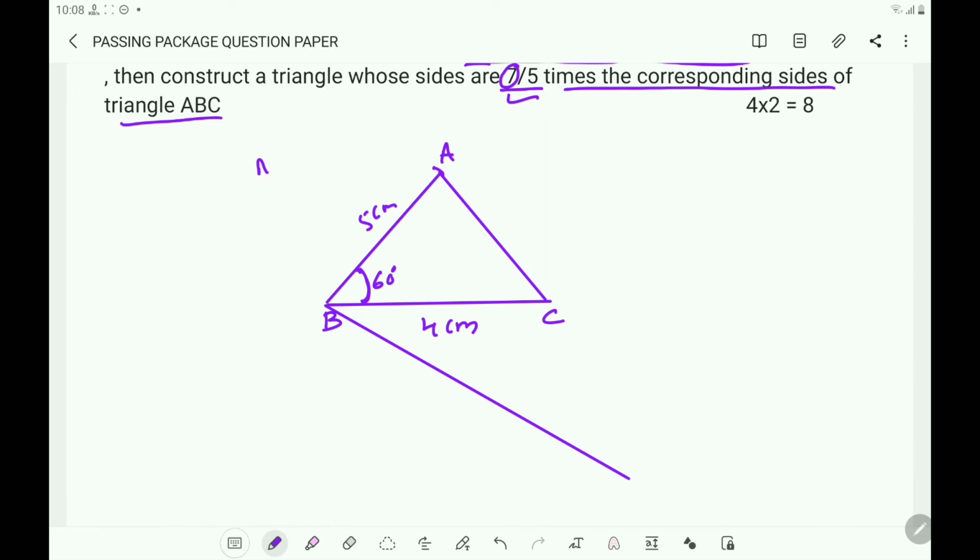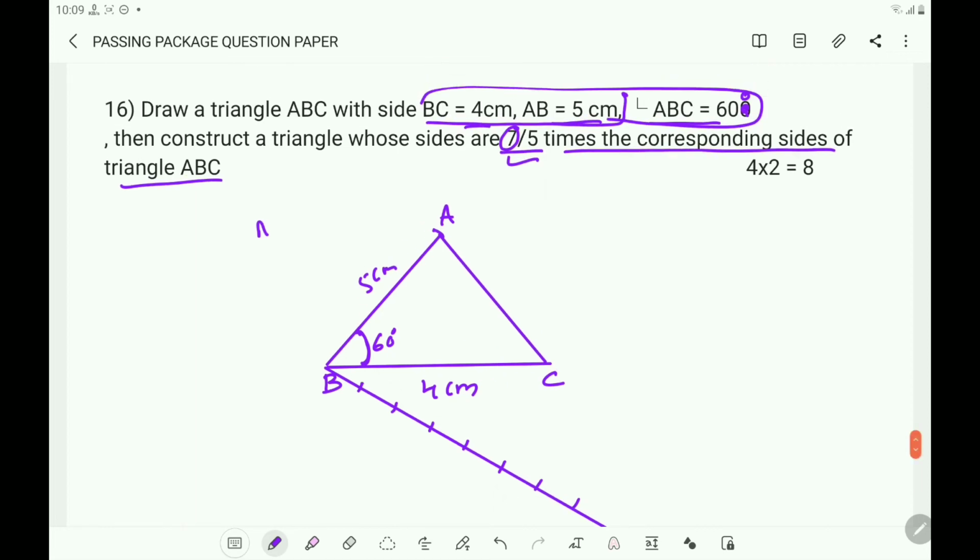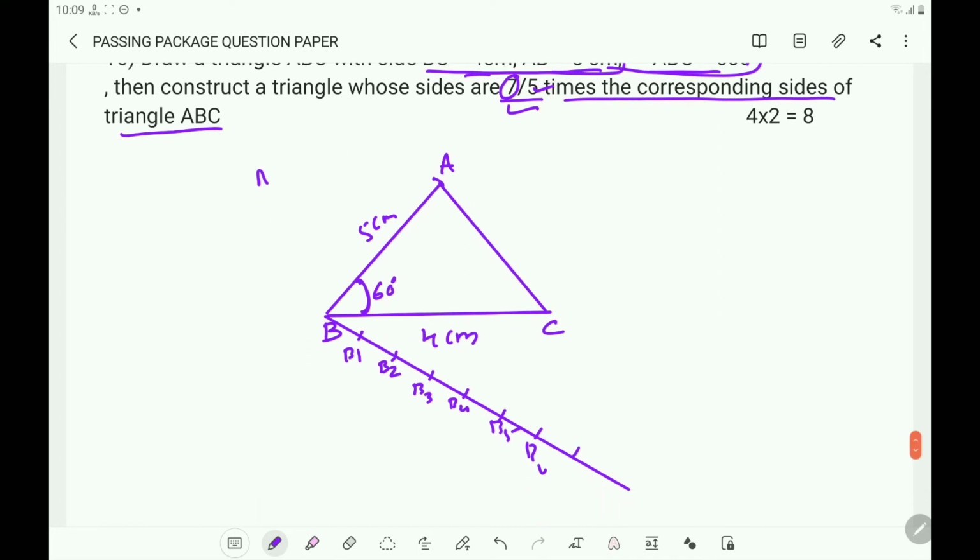Measure a convenient radius and make 7 equal parts. The ratio is 7 by 5, in the denominator that is 5. So you know that here this is B1, B2, B3, B4, B5, B6, B7. So you join the fifth part here.